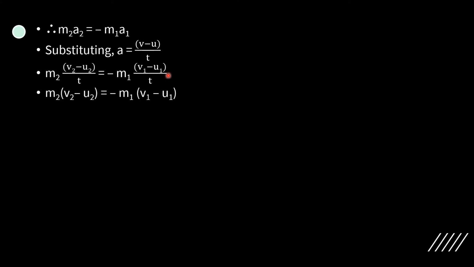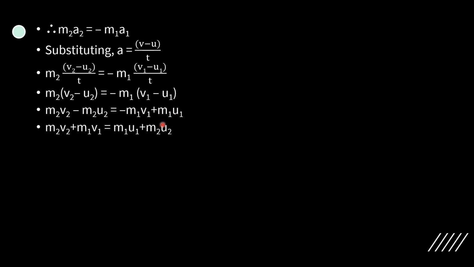When we cancel out t on both sides, the equation changes. When you cross multiply within the bracket, you get m2 v2 minus m2 u2 is equal to minus m1 v1 plus m1 u1. Minus into minus becomes plus.